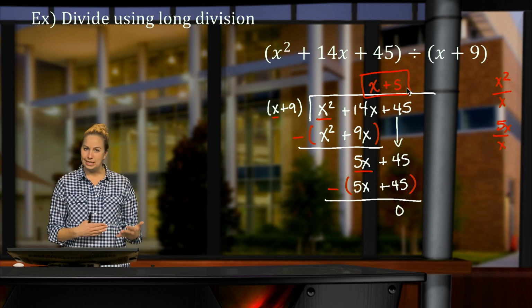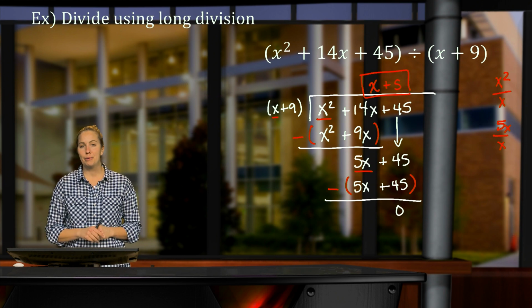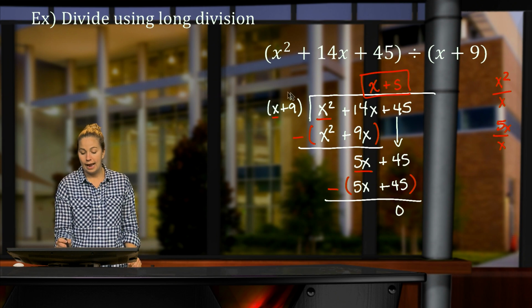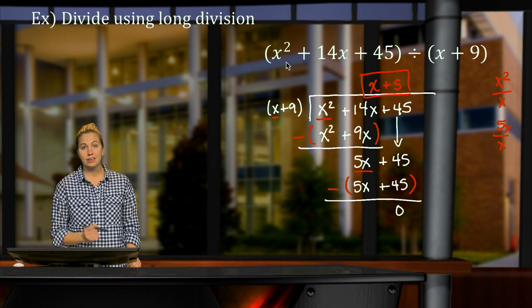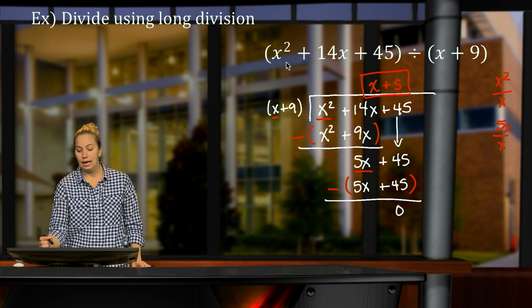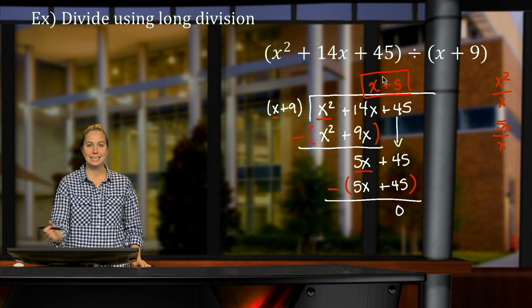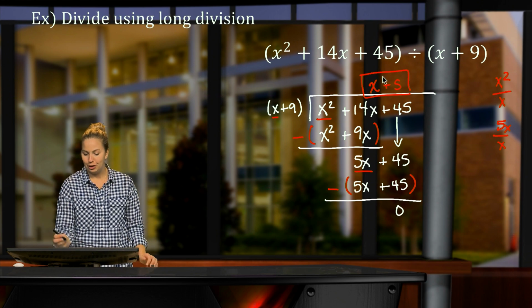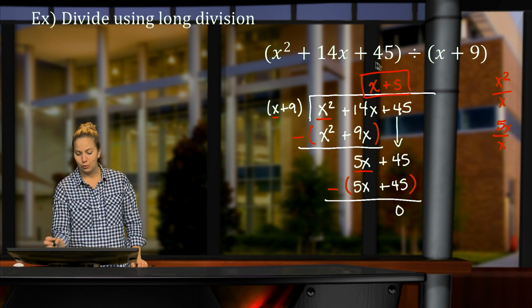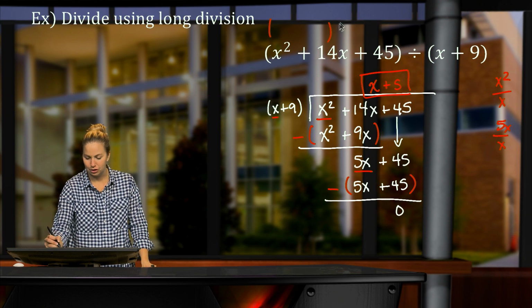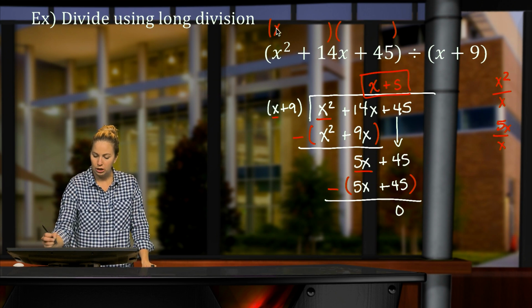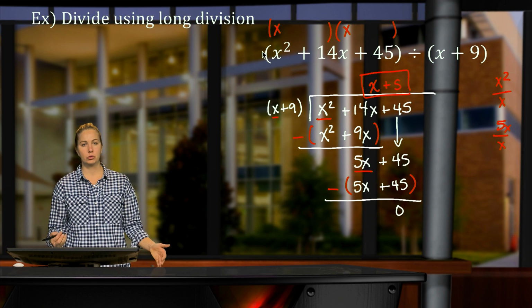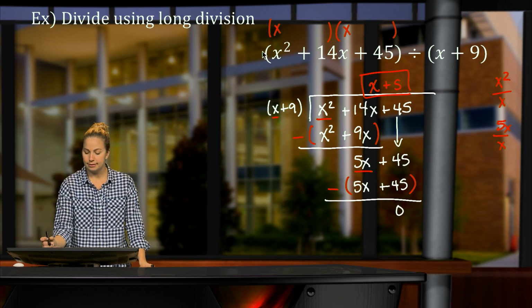Now, taking this one step further, because I had a remainder of 0, that means that x plus 9 is a factor of that quadratic. It also tells me that my other factor is x plus 5. So if I look up here, x squared plus 14x plus 45, let's just try to factor this. We know since the lead coefficient is 1, I can start with my binomials leading with x.